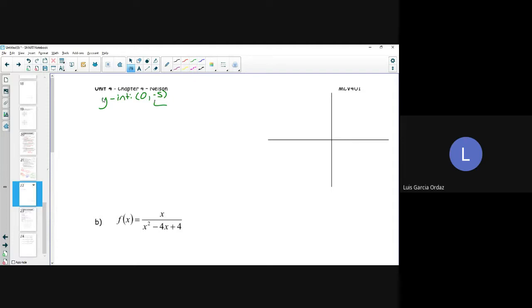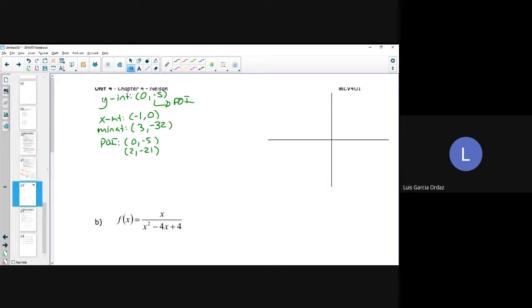This is also my POI. My x-intercept is at (-1, 0). I have my min at (3, -32). And I have my POI also at (0, -5), but also at (2, -21). So this is everything I need to graph my function.